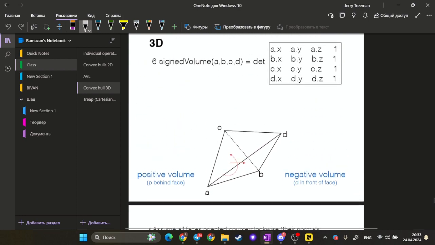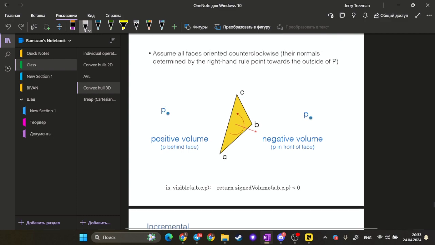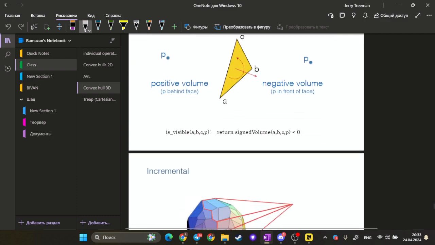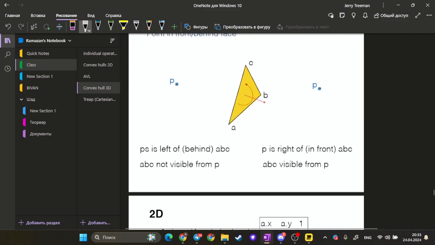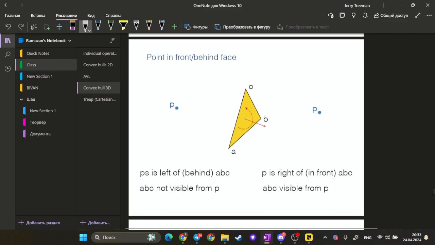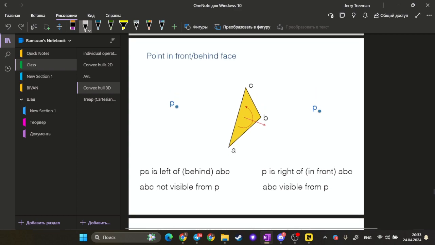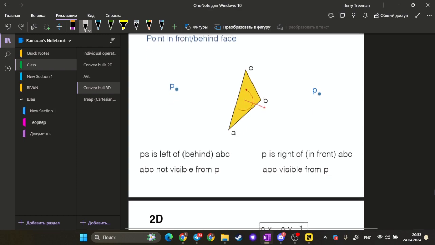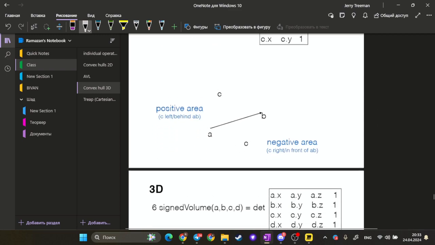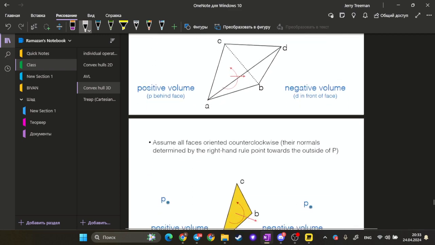I didn't think that we would consider other convex hull algorithms. In your homework, you need to implement the Jarvis wrapping algorithm for 3D, or convex hull in 3D space.